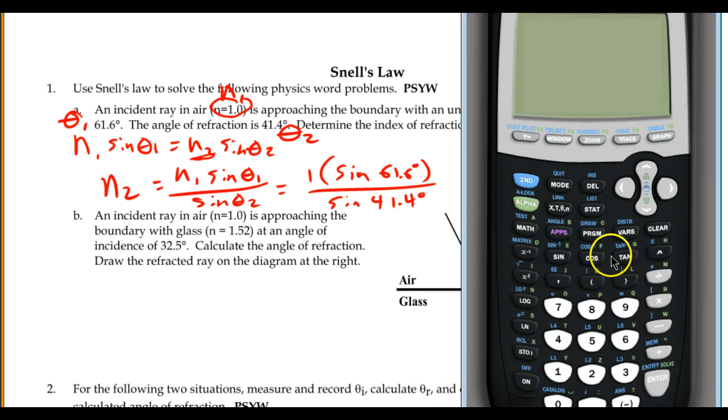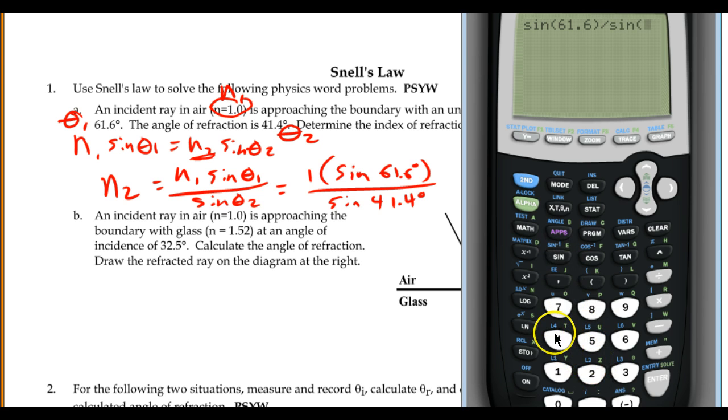Okay, so we can then go ahead and calculate that. Sine of 61.6 divided by the sine of 41.4.